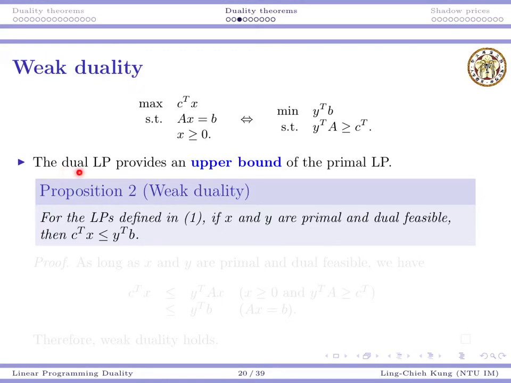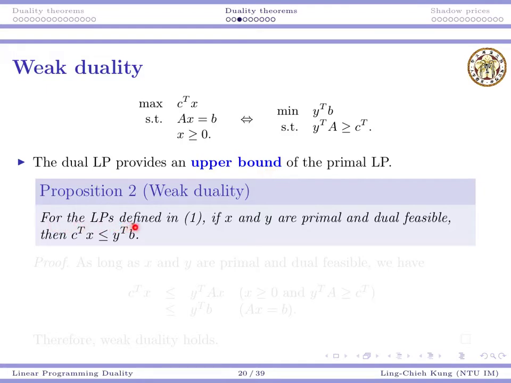It says that the dual linear program provides an upper bound of the primal linear program. This is exactly how we construct the dual program, right? So this is not very surprising, but again, we just want to rigorously prove this idea.